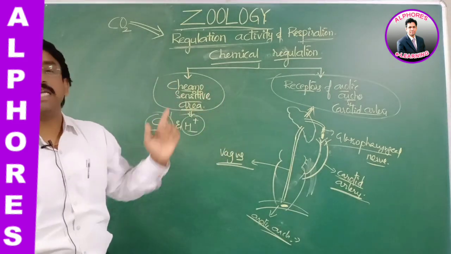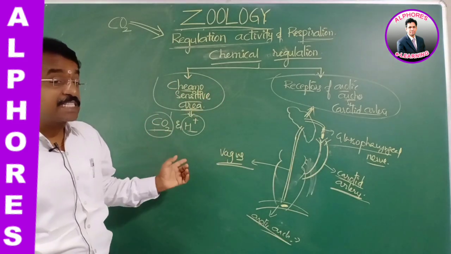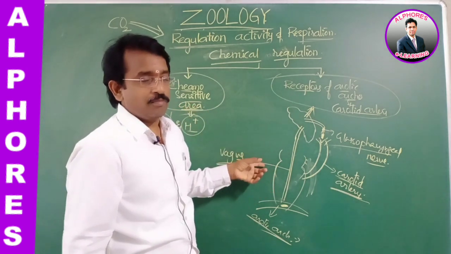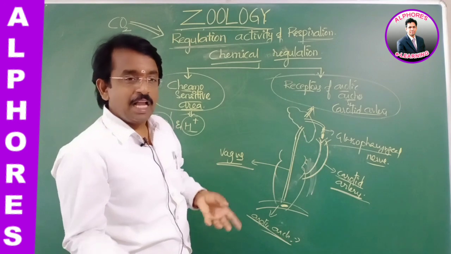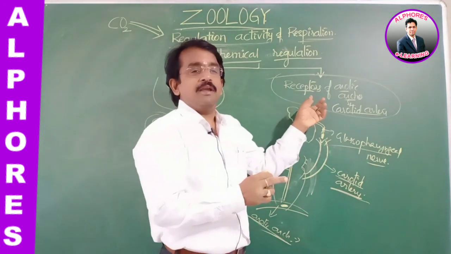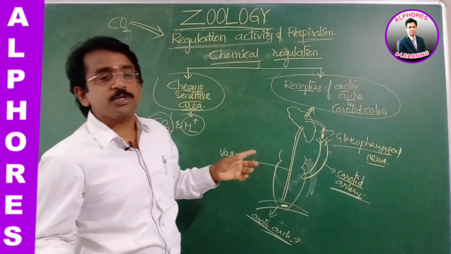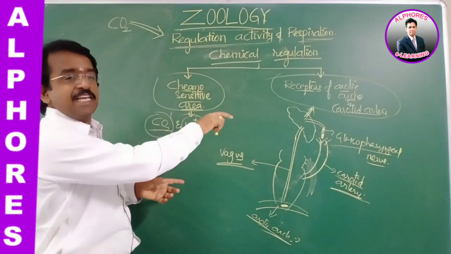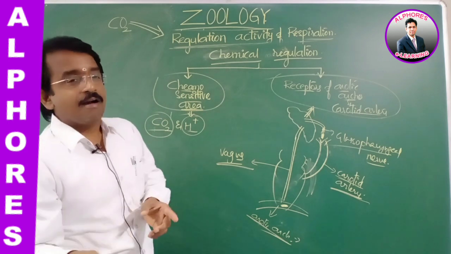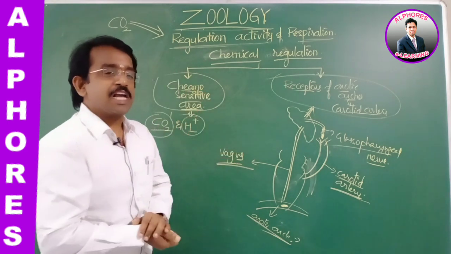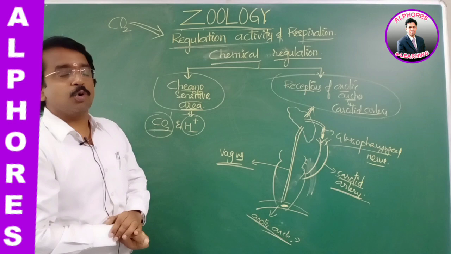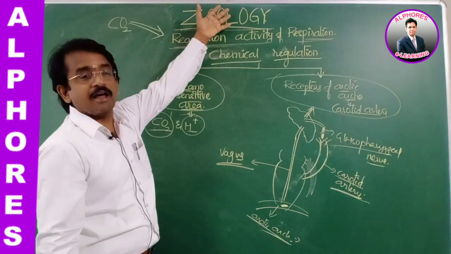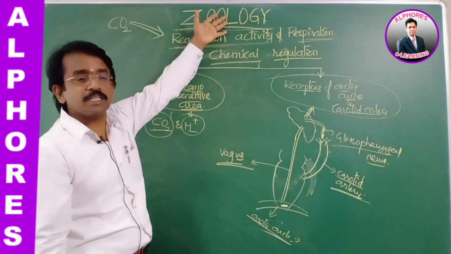So far in all instances, we discussed that the detection of CO2, nothing but H plus also, gives the signal to the brain's respiratory rhythmic center and the pons pneumotaxic center, which give the signal to the ribs and diaphragm, expelling air outside. So O2 has an insignificant role in regulation of respiration.